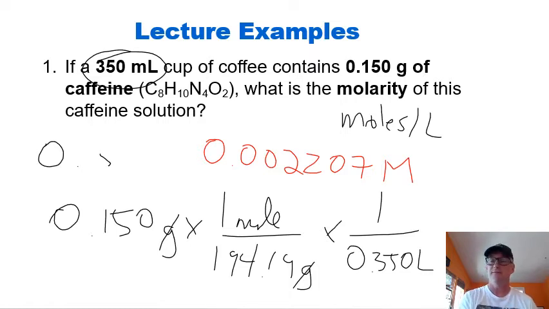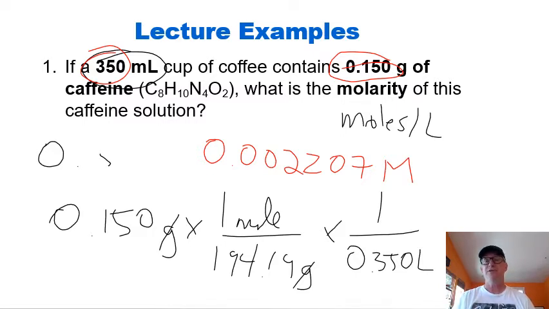So let's look at the volume first. 350. So 350 is how many significant digits? 2. That's right, it only has 2 because there's no decimal at the end of that. So only the non-zero numbers ahead of the decimal are significant if the 0 is the last one. This has 3 because zeros after the decimal are all significant because they're put there for a reason.